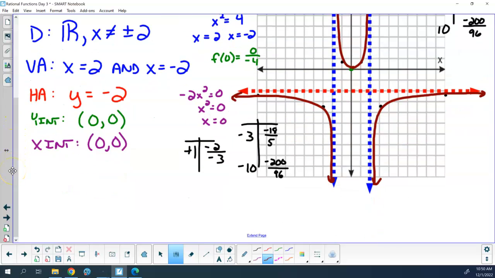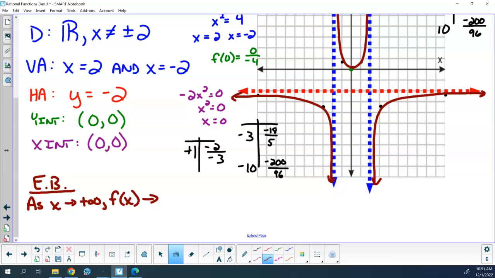So then I'll do end behavior first. As x goes to positive infinity, my function is approaching what? So right side of my graph, where's my function approaching? -2.